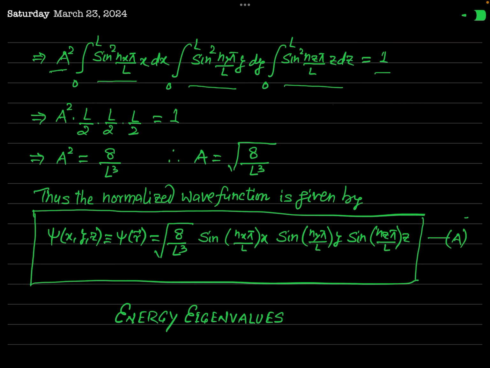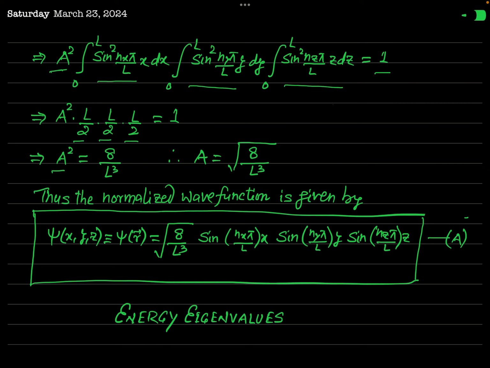And you have seen the evaluation of this integral in the case of the particle in a one-dimensional box, and you can do it. When you integrate, you will see that the first integral is L by 2, the second integral is also L by 2, and the third integral is also L by 2. So this is in fact L cube over 8.